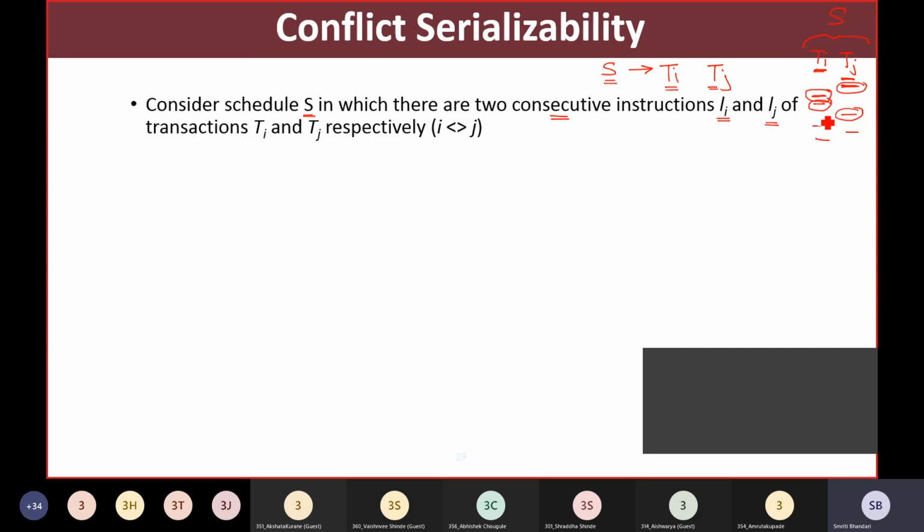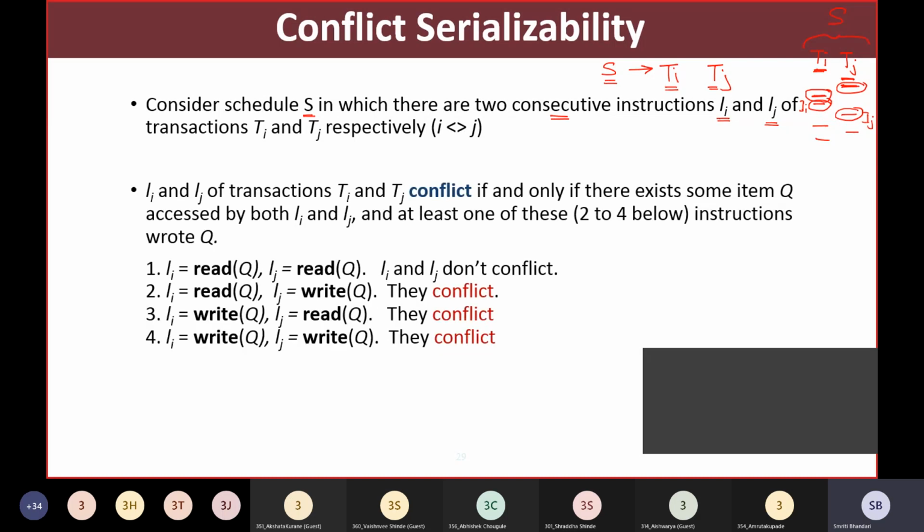Or this instruction and this instruction, these two are consecutive but belong to two different transactions. So this is my II that belongs to transaction TI, and this is my IJ that belongs to transaction TJ, and these two instructions are consecutive. Okay, now I hope you have understood this concept. So let us proceed now.